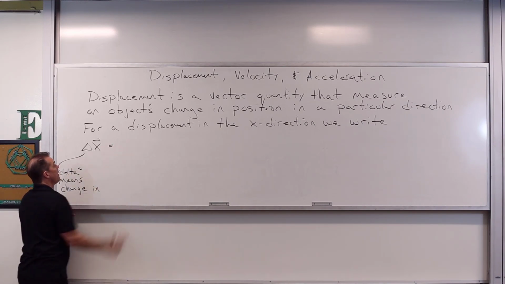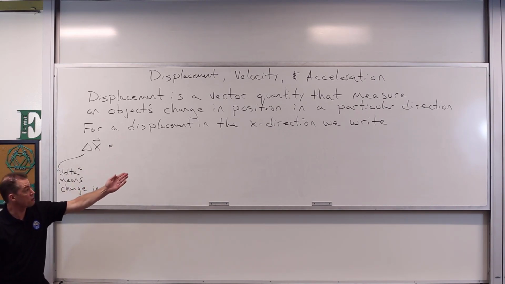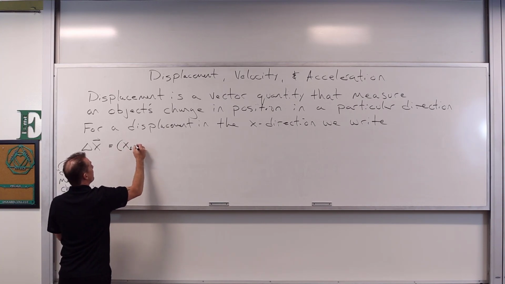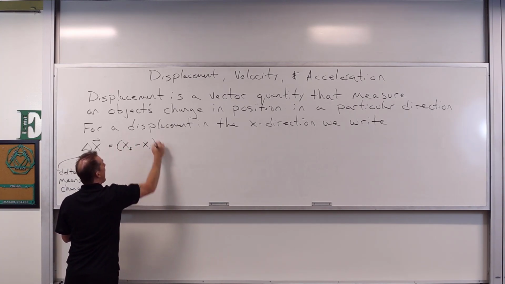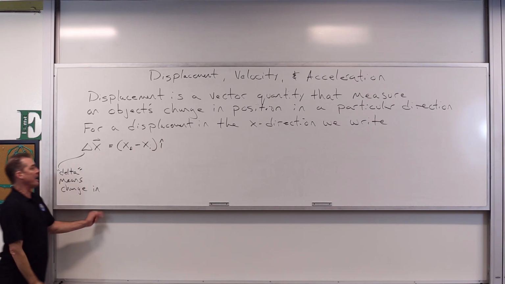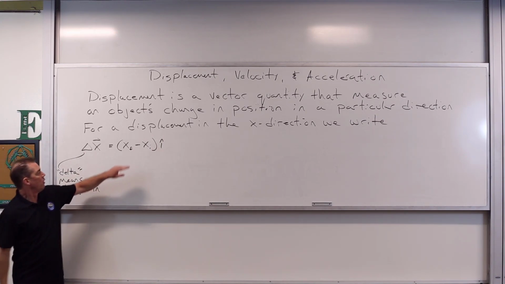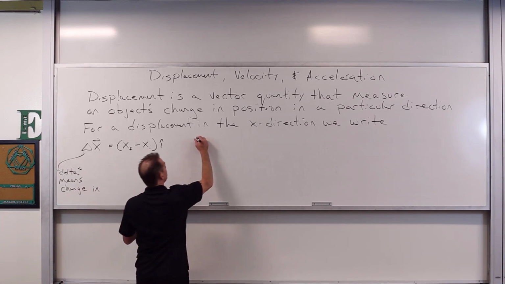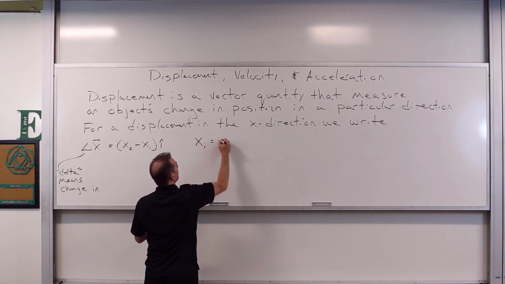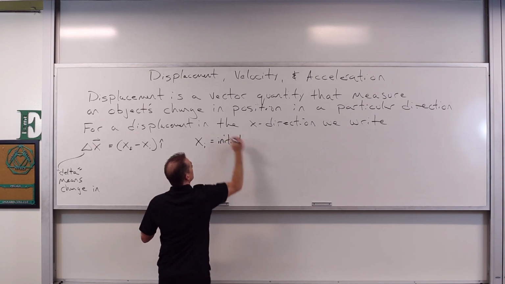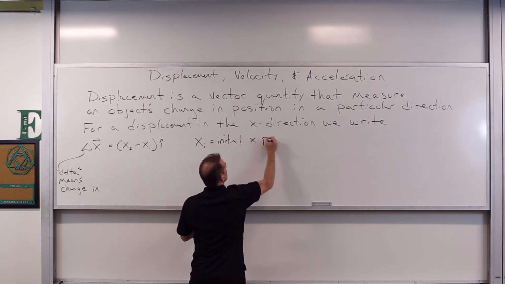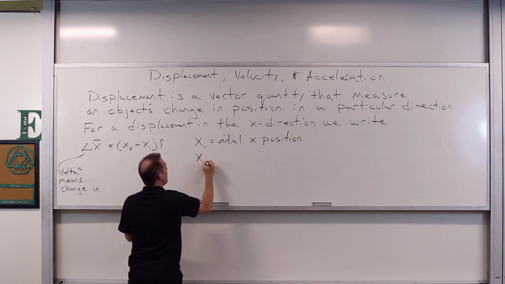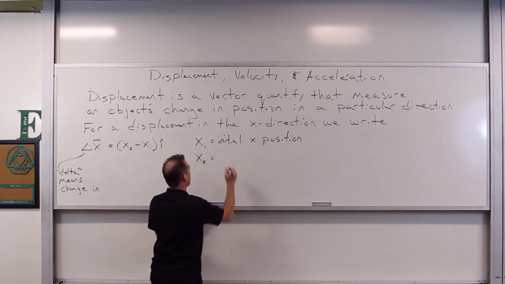Well, mathematically, this is just a change in position. So we can write this as x sub f minus x sub i, i hat. So what does this tell us? Well, x sub i is going to be the initial x position. And x sub f is the final x position.